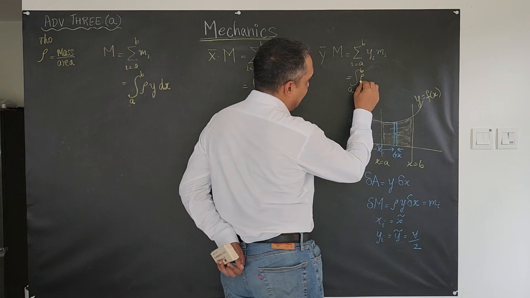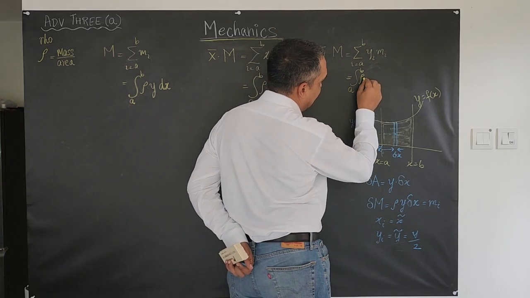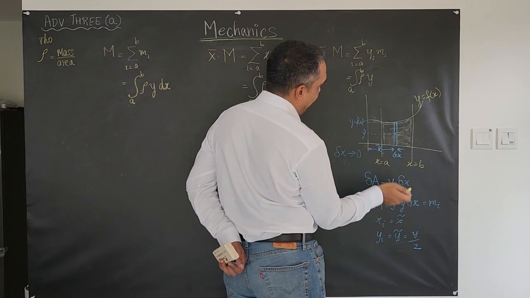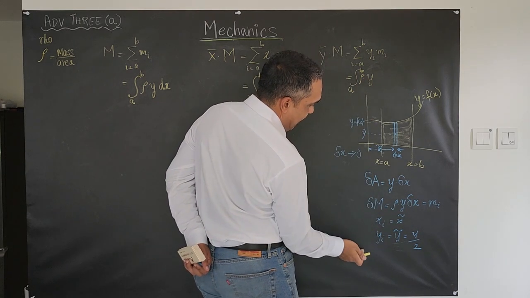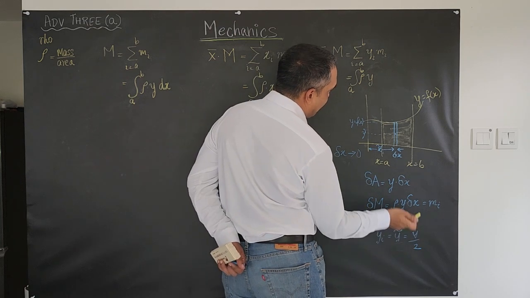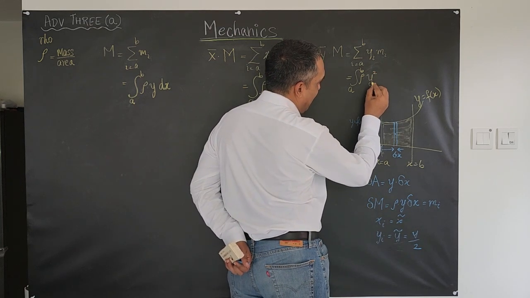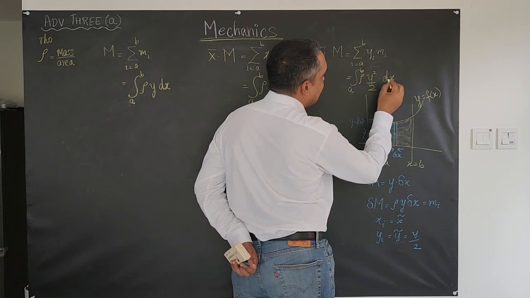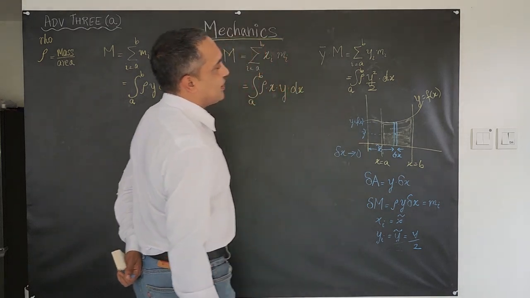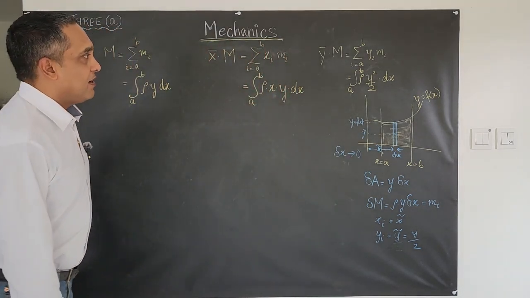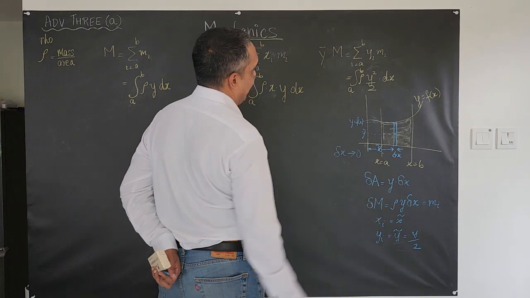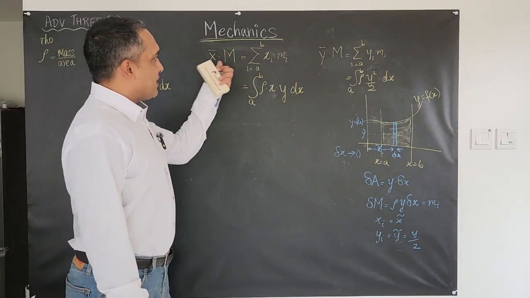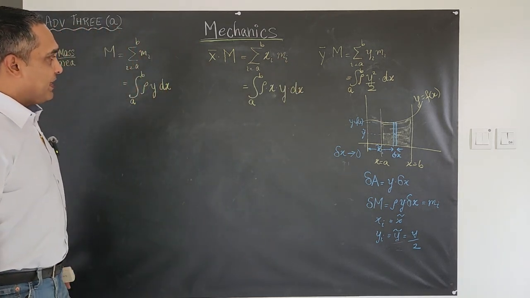So I will write the density factor, and the mass is f of x, and I'm multiplying that with y by 2, so that becomes y squared by 2 times dx. Again, y is equal to f of x, so this becomes an integration with x as the variable. Now that you know m, you can always get x bar and y bar pretty easily, right?